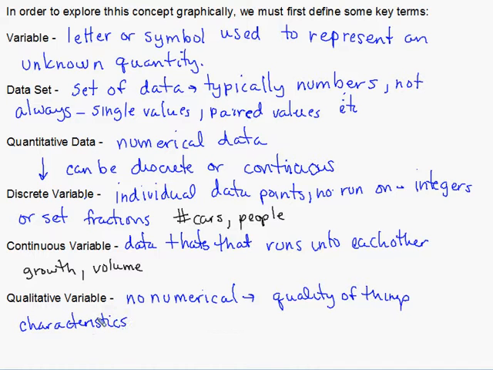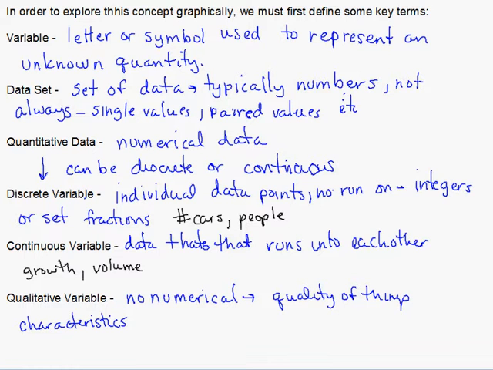In statistics, you don't do a lot with qualitative data. Usually statisticians try to assign numerical values to qualitative data to make it mathematically analyzable. That's even a word.